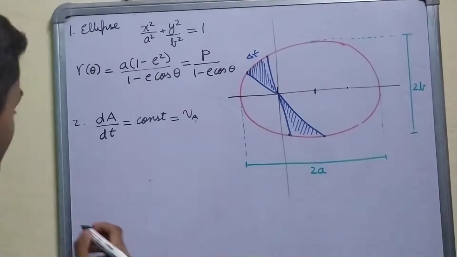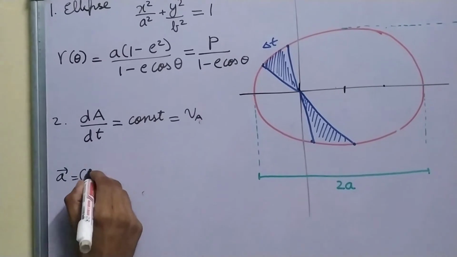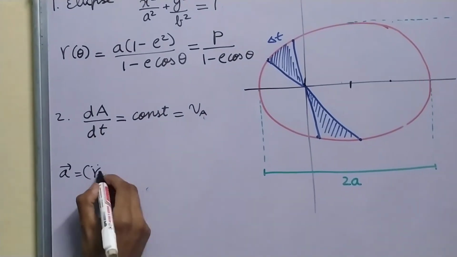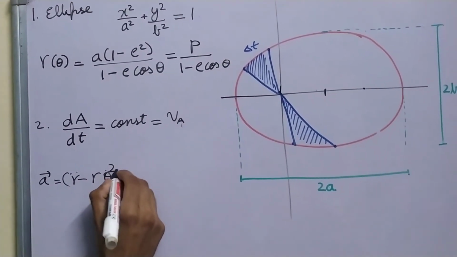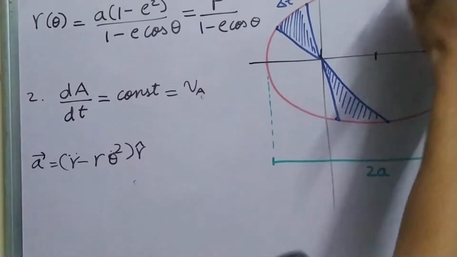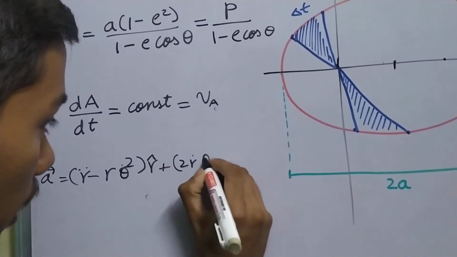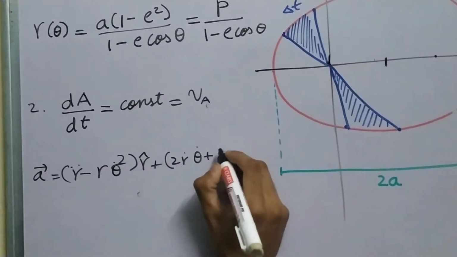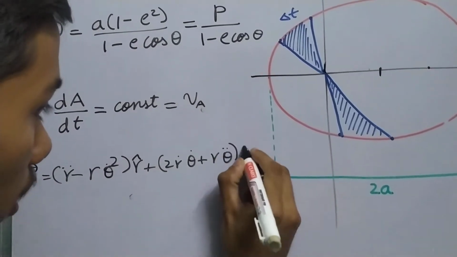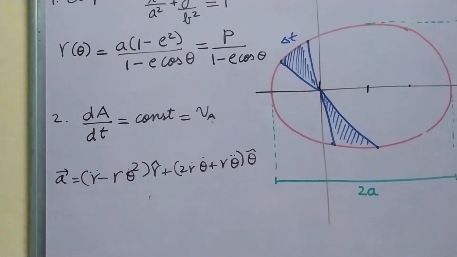The formula for acceleration in polar coordinates is r double dot minus r theta dot squared in the r cap direction, radially outward, plus 2 r dot theta dot plus r theta double dot in your theta cap direction, or the tangential direction.